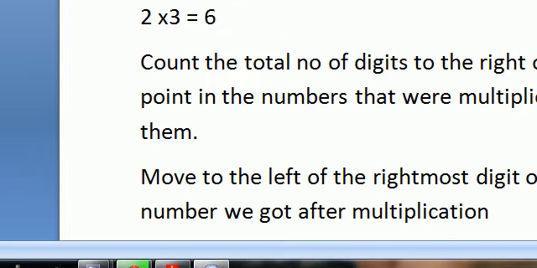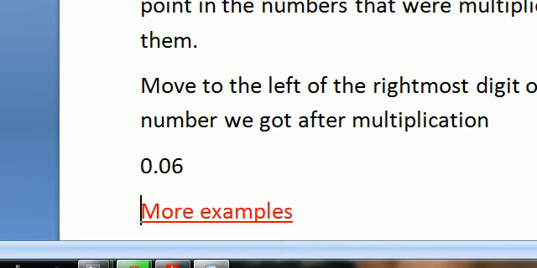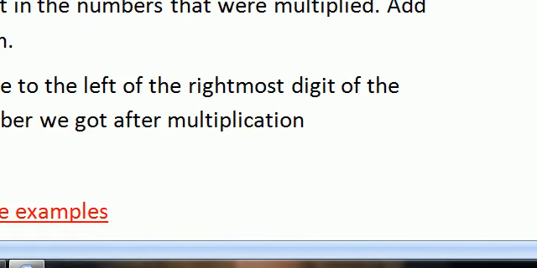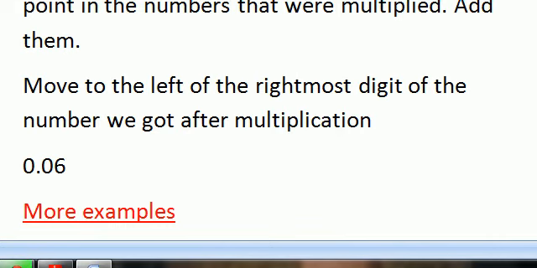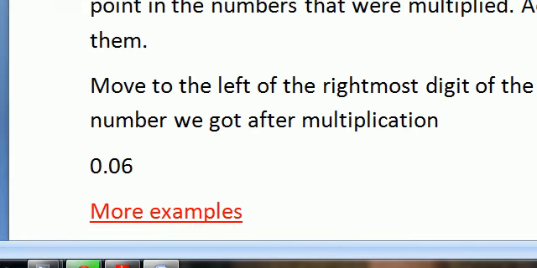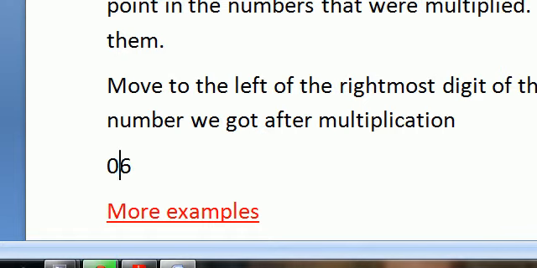After this step, what we have to do is move to the left of the rightmost digit of the number we got after multiplication. After multiplication we had got 6 and our cursor is blinking at the rightmost digit of the number. So we have to go back towards the left. How many digits? As many digits as we counted in the previous step, the number of digits after the decimal point in the numbers that were multiplied.